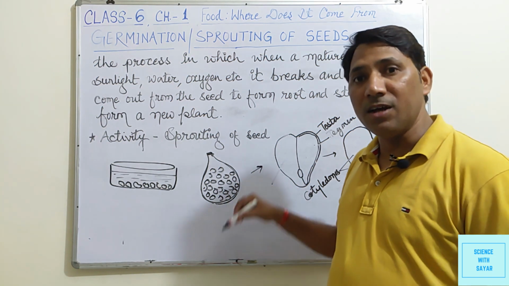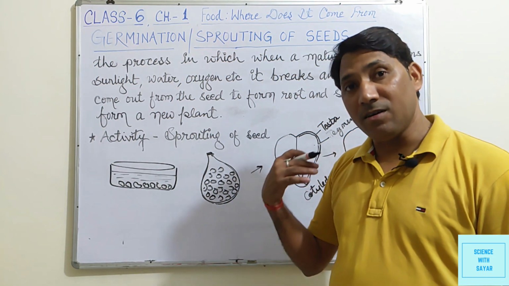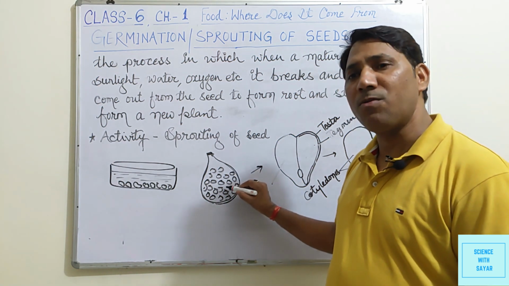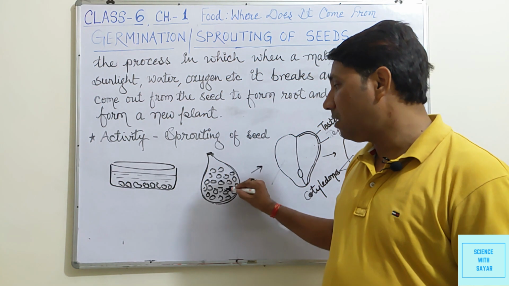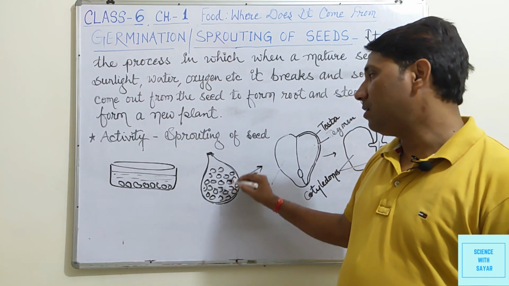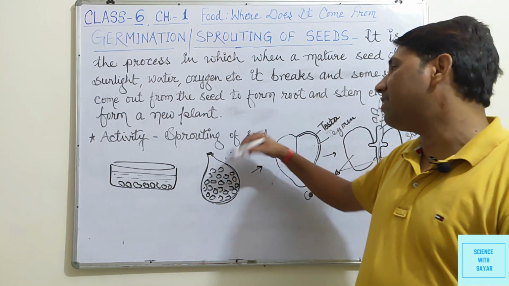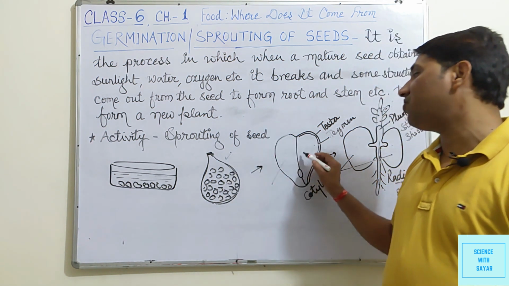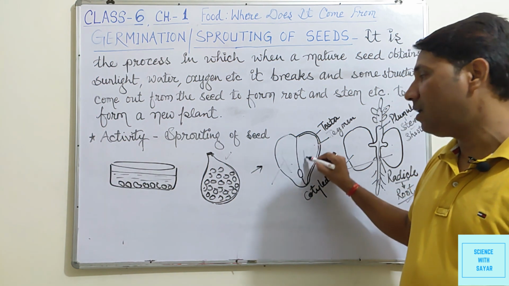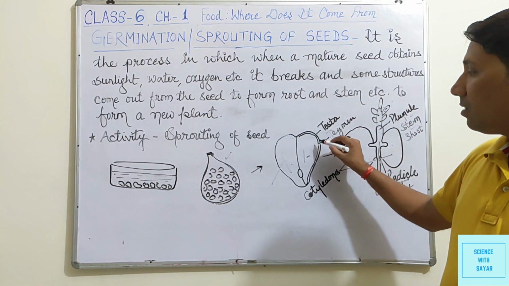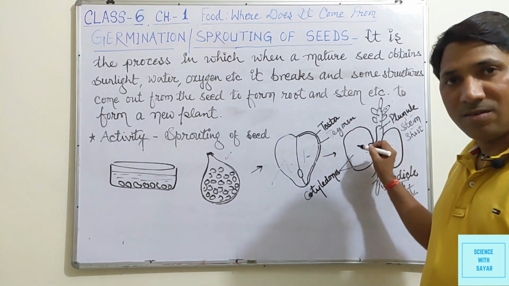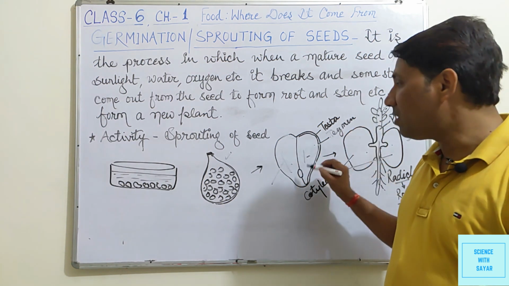We can take them on the cloth, on cotton, etc., and after a short interval of time we sprinkle water on them to make them wet, and keep them aside for a day. Next day we see that the seeds are swelled up, and the structure of them may be like this, in which if we break the seed, this type of structures may be observed.